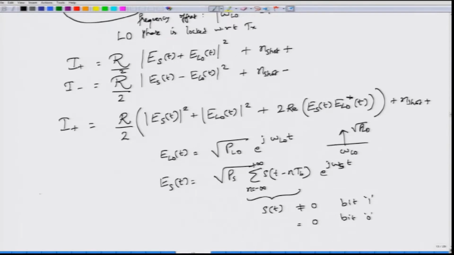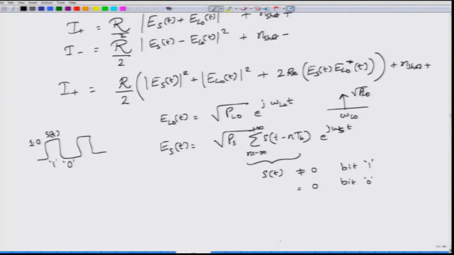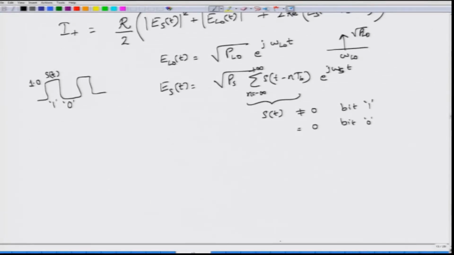So, essentially you get a sequence of optical pulses. This would be normalized to 1, we have normalized this to 1 without saying so, but this is how the optical pulse shape is going to look when you are transmitting bit 1, and when you transmit bit 0 there won't be any pulse, so that the total optical power during the interval when the bit is 0 is actually equal to 0.